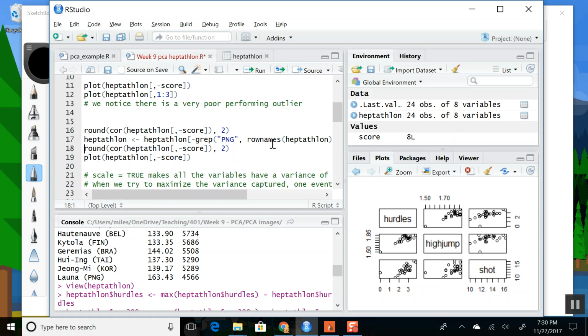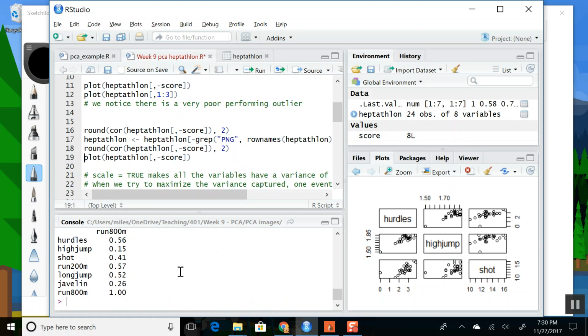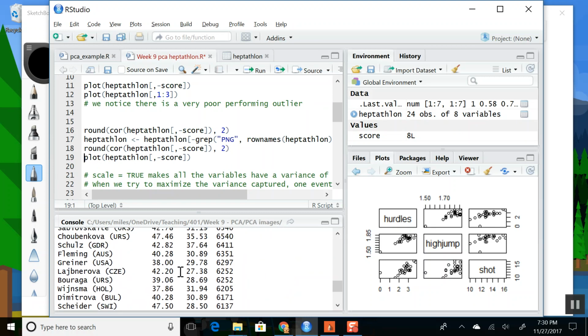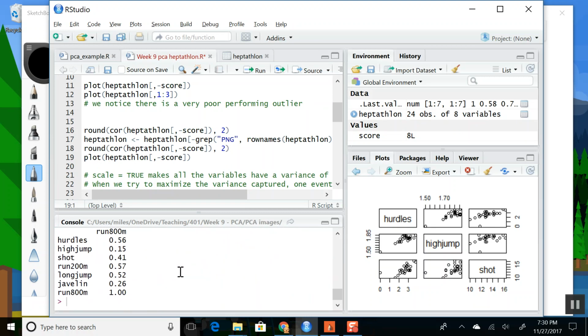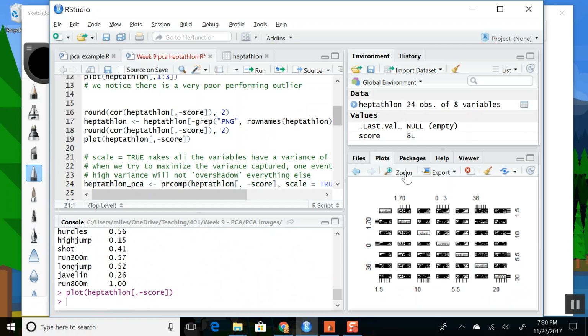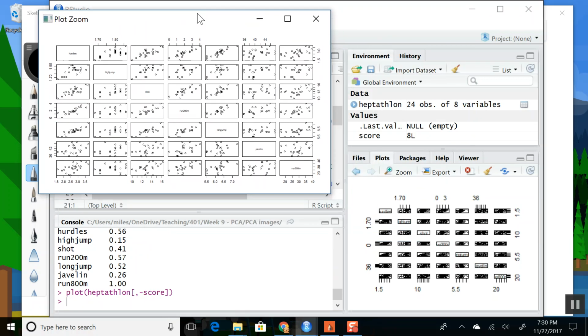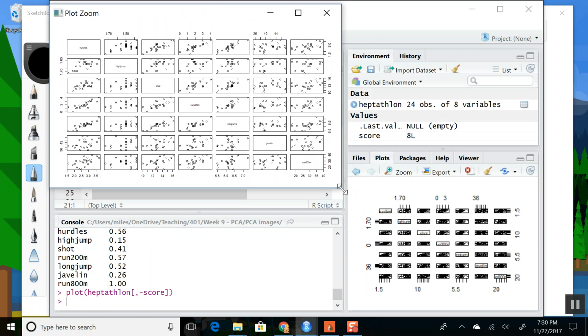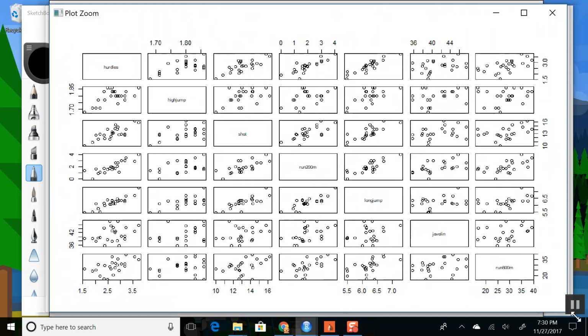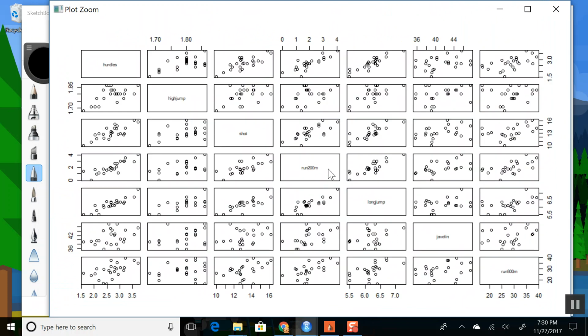from our data. Okay, and then if we redo that and calculate the correlation, we get slightly different numbers here, and we can create the plot here again with our outlier removed, and it looks pretty much, I mean, not the same, but we don't have that one outlier scrunching up our data anymore.